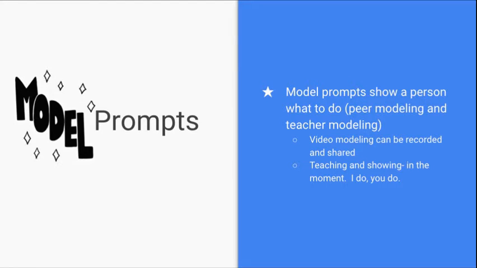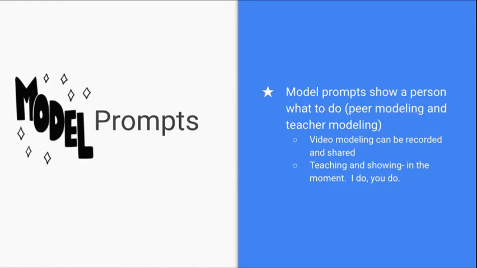Maybe you are showing a student how to put something away. So you stand up and you open up your binder and you're working on organization, and you open up your 3 holes, and then you put the papers in and close the binder.